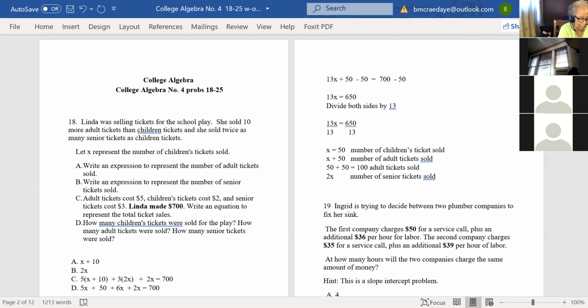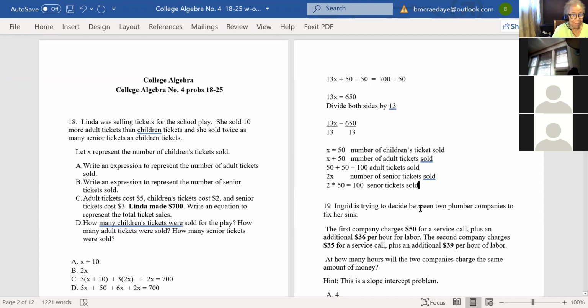So this will be 2 times 50. 2x would be 2 times 50, and that's equal to 100 senior tickets sold. So 100 senior tickets, 100 adult tickets, 50 children's tickets.